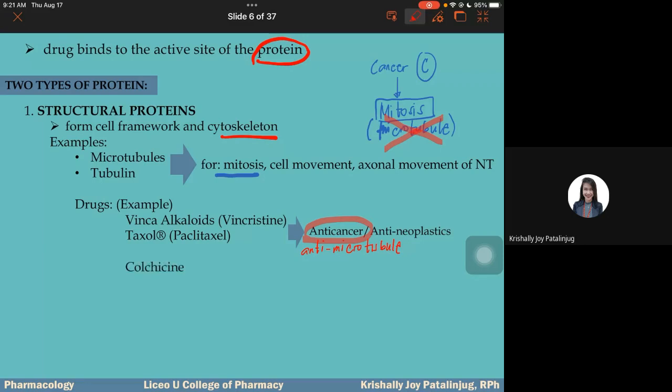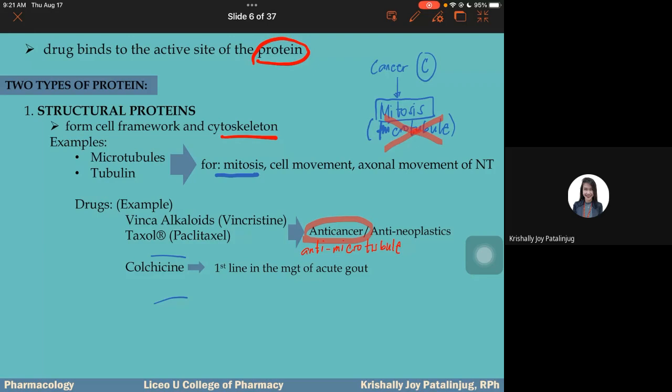Next, we have colchicine. So this is a commonly encountered drug in maybe your previous subject, and I also gave an emphasis on this last semester. So colchicine, it's the first line agent for acute gout. Okay, first line in the management of acute gout.